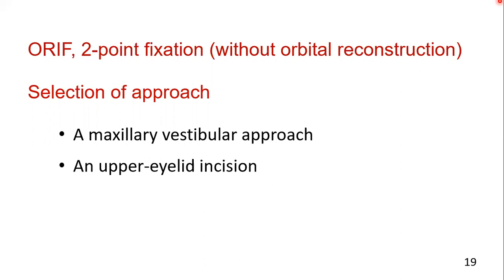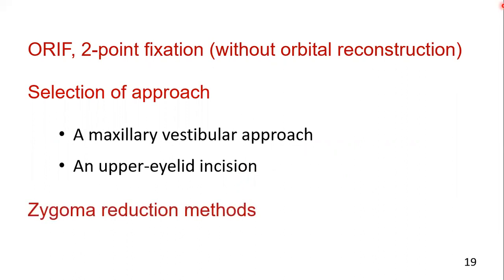This incision also provides excellent visualization of the sphenozygomatic suture area within the orbit. This combination, that is the maxillary vestibular approach and an upper eyelid approach, provides an excellent exposure for the 3D reconstruction of displaced zygomatic complex fracture.